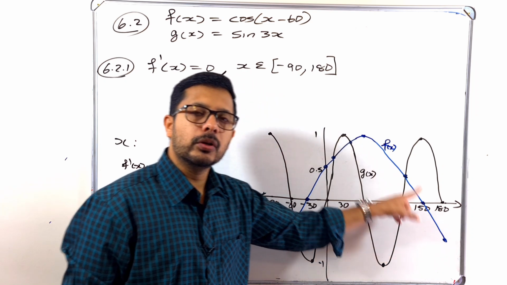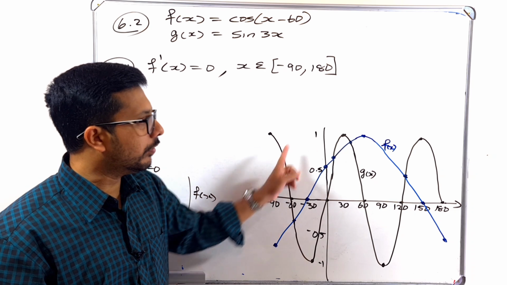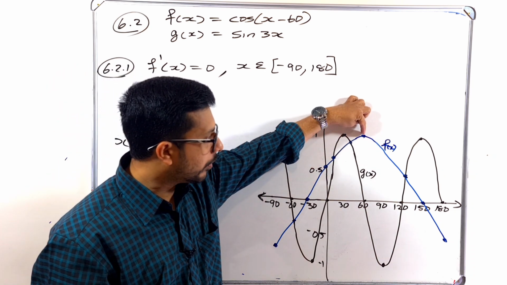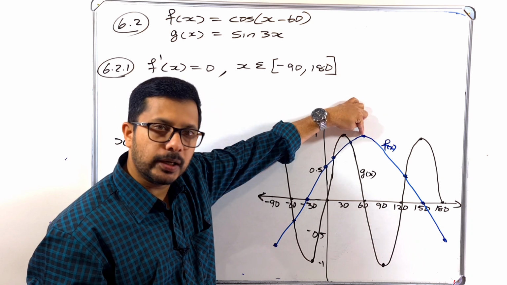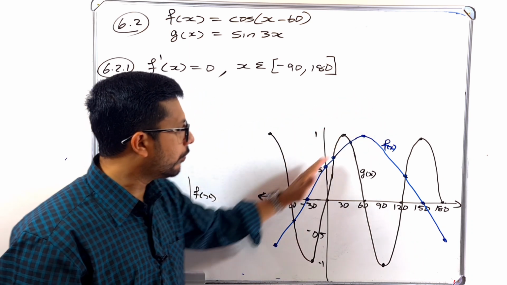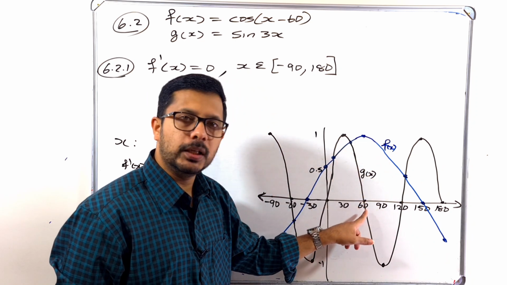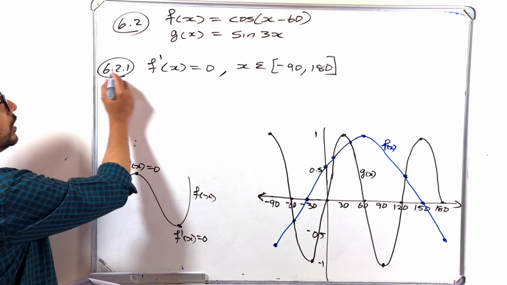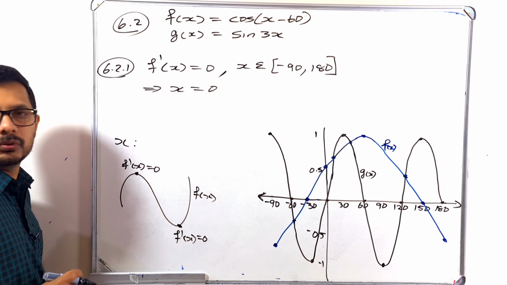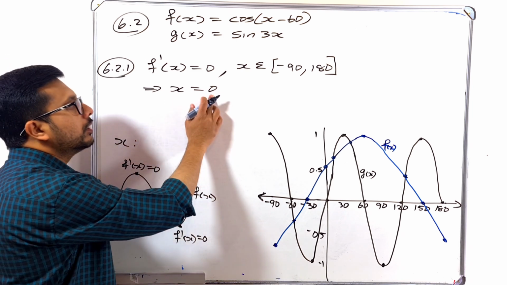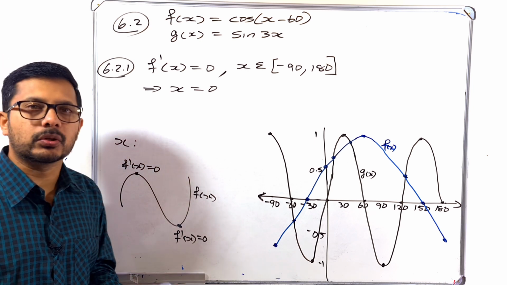Here we can see that this point is a turning point of the f of x graph. At this point, what is the x value? It is 60. So the answer for this question is x is equal to 0, where the first derivative is equal to 0. That is the answer.